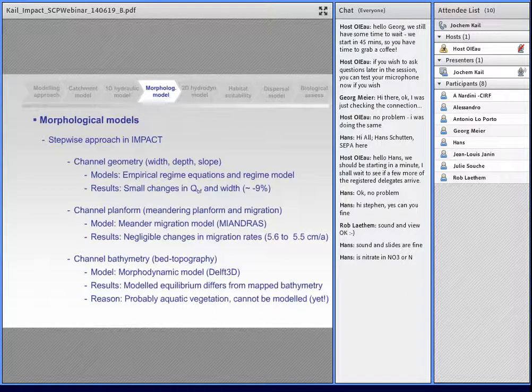There are macrophytes in the reach, and they probably stabilize the channel bed. Because these macrophytes and their effect on morphology are not yet included in these kinds of morphodynamic models, we think that this is just a modeling artifact and not a difference which is due to the differences in discharge.